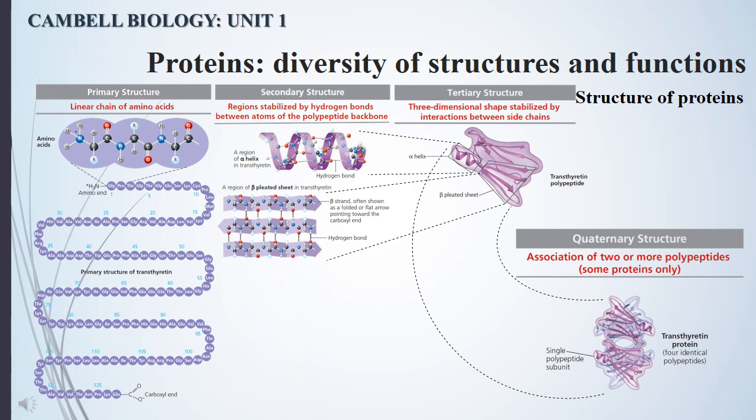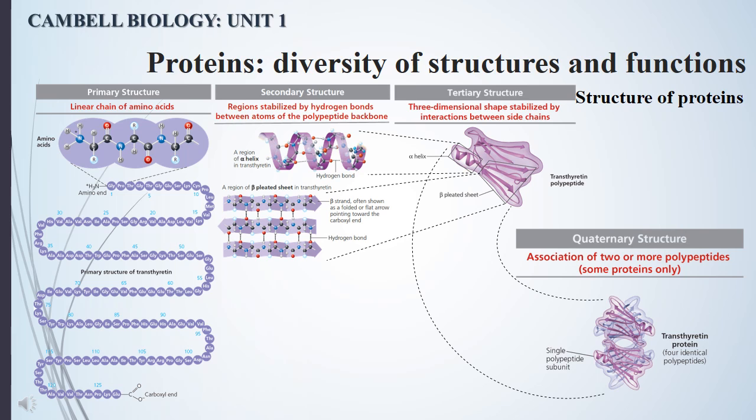So all in all, the proteins can be divided into several structures. Obviously, the primary structure, which is nothing more than a sequence of amino acids, which are later combined into a secondary structure, and there are two main ones, the alpha helix and beta sheets.